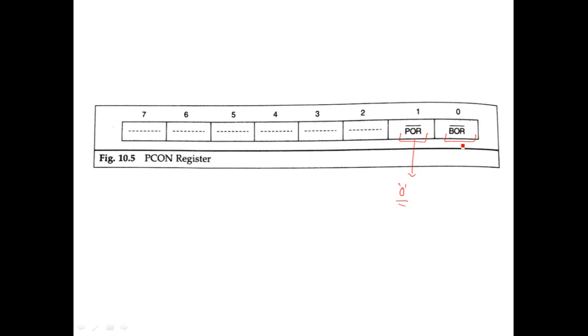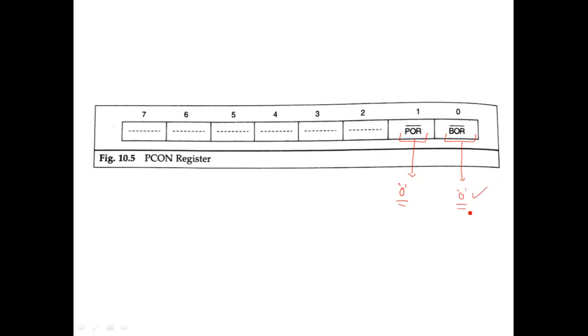Similarly, the other bit indicates that the reset is because of a brownout condition. Brownout means that when the microcontroller is working normally with a 5 volt supply, and suppose it is battery operated, the supply voltage may go on decreasing as the battery drains out if it is not charged periodically. If that goes below some dangerous level, maybe say 2 volts, then the microcontroller is automatically reset, and this particular bit becomes 0.